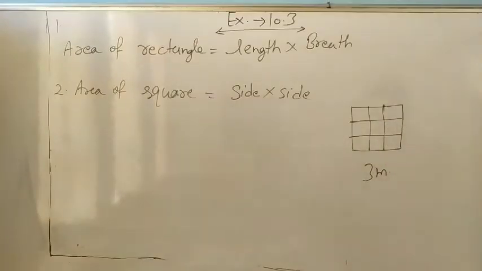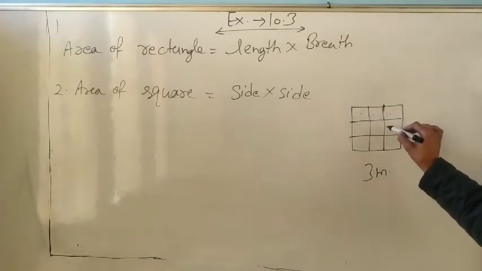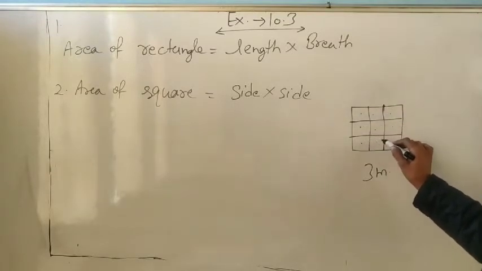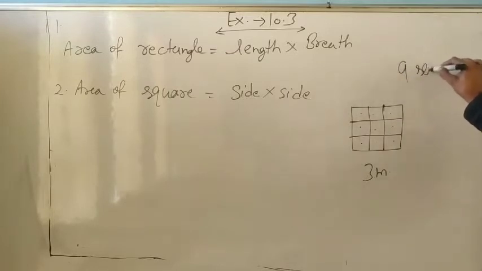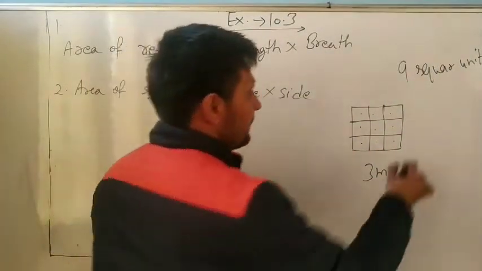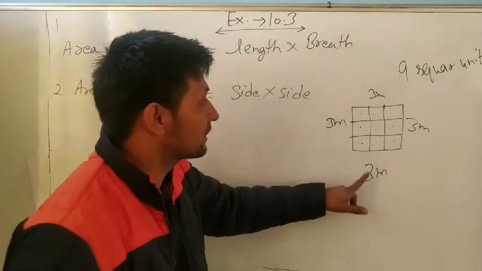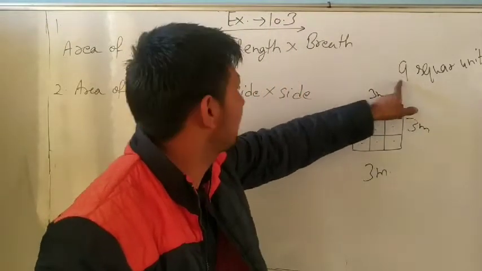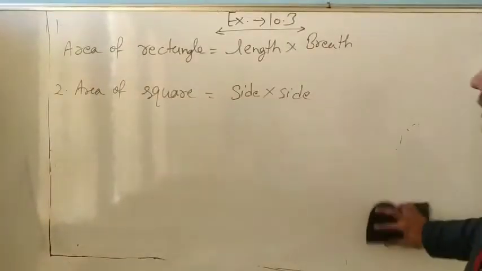If I ask you what is its area, you will say, sir, you count 1, 2, 3, 4, 5, 6, 7, 8, 9. So the area is 9 square units. But you know its side is 3 meter, and we observe that 3 into 3 also becomes 9. So side into side. Remember this formula always, and we can do all the questions easily.